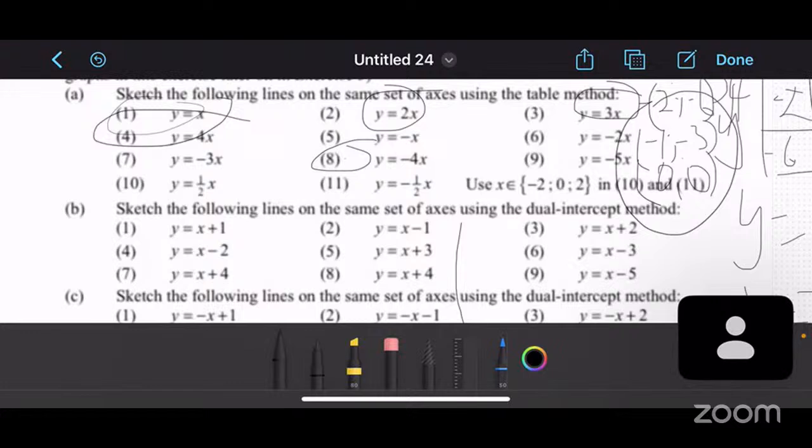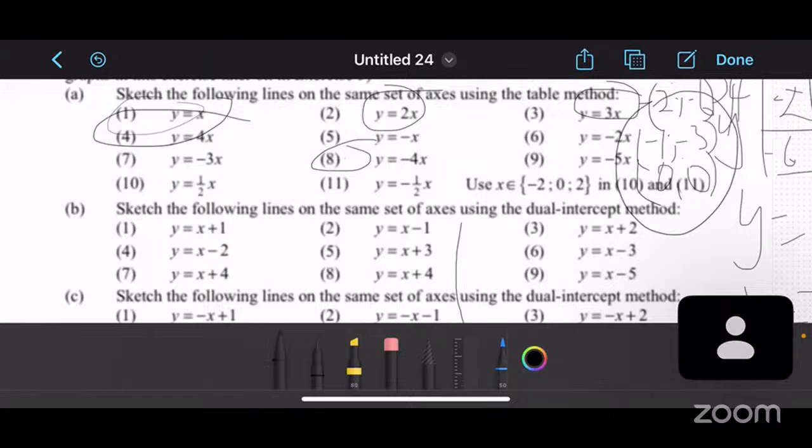So after doing all of that, getting the intercepts, the next step is for you to place the points on the Cartesian plane in order for you to connect and have your line graph. And the last step would be labeling the line graph that you have drawn. So after connecting the dots, you have to show that this is line y is equal to -4x.